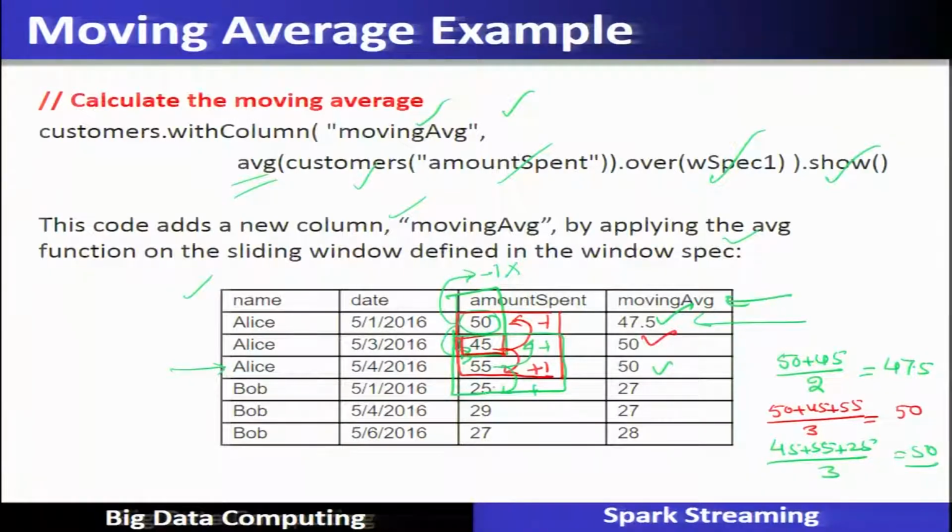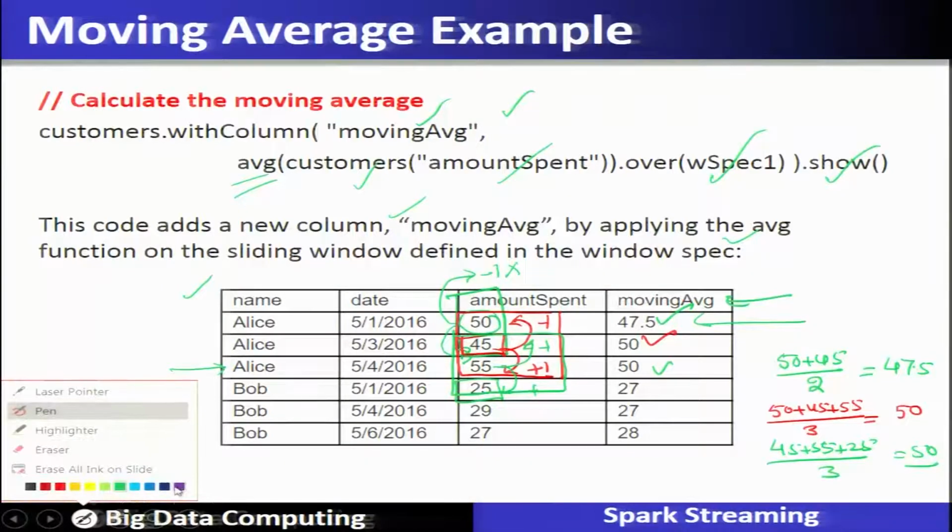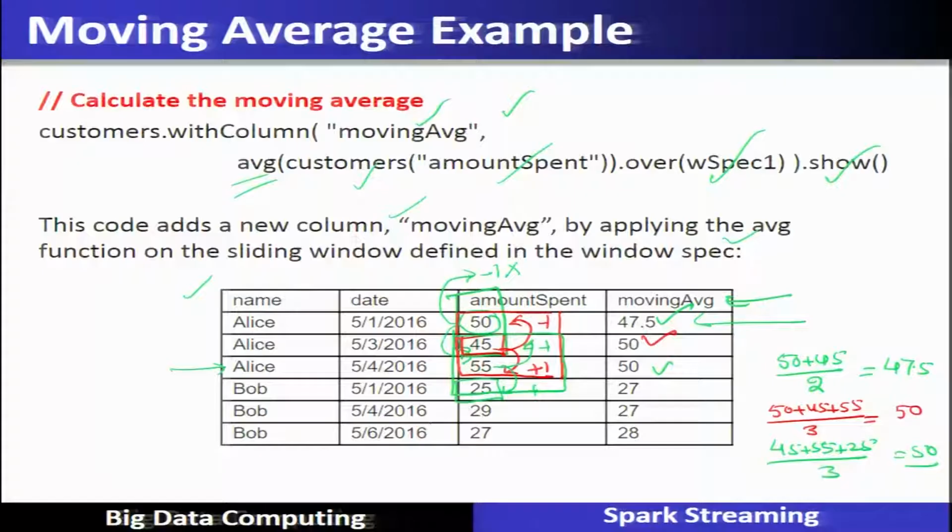Similarly, for 25 we can see that this becomes -1 and this becomes +1.